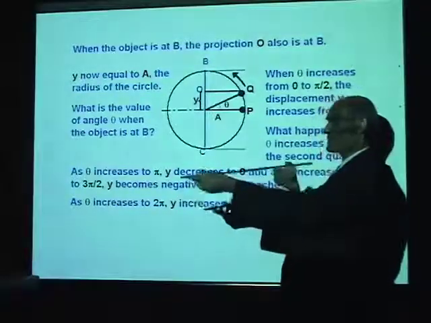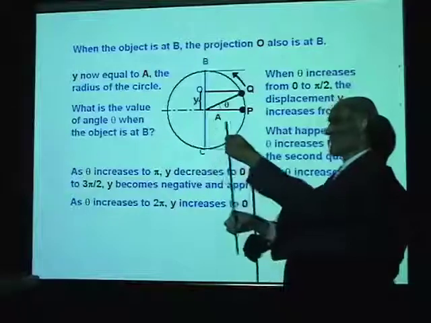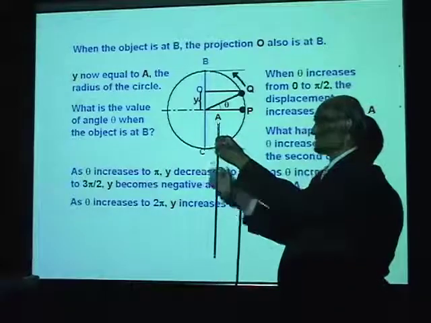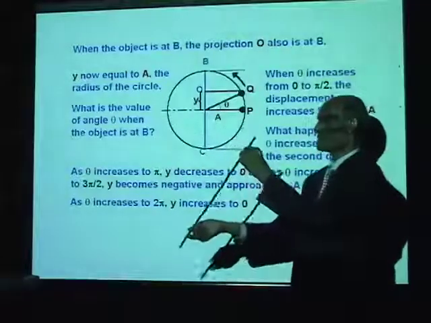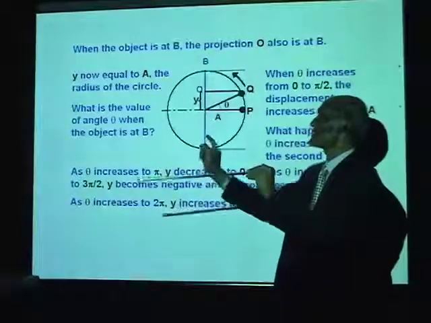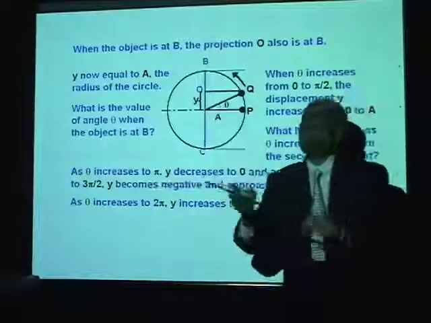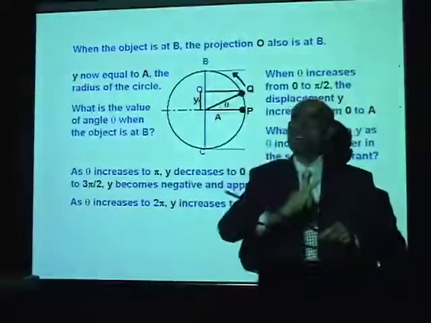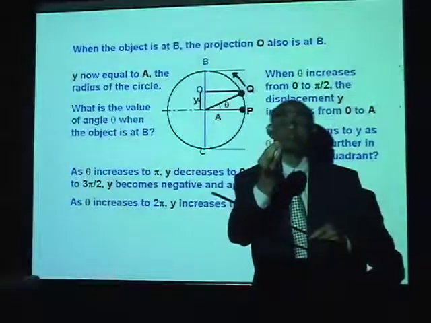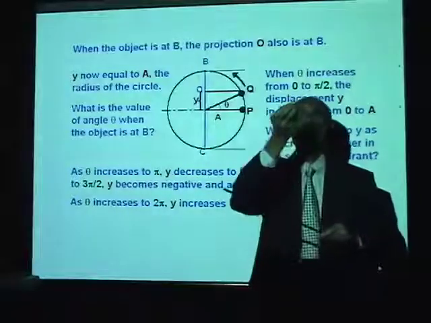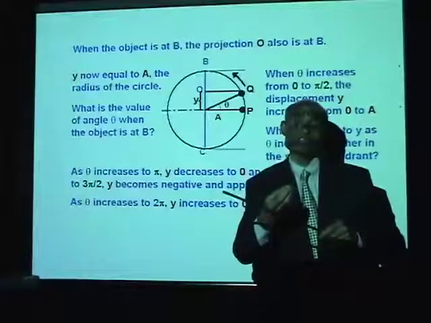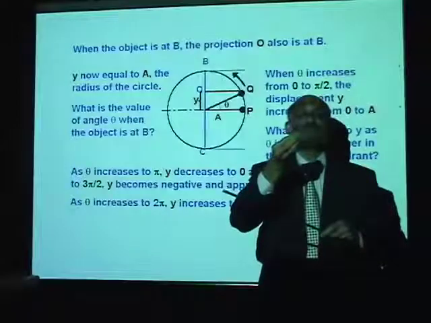And the angle increases from pi to 3 pi by 2, the value of y decreases to negative A. And the angle increases from 3 pi by 2 to 2 pi, the value of y increases from negative A to 0. So for one complete rotation of the object on the circle, the value of y, the displacement of oscillation, increases from 0 to A, decreases to 0, decreases to negative A, and increases back to 0.